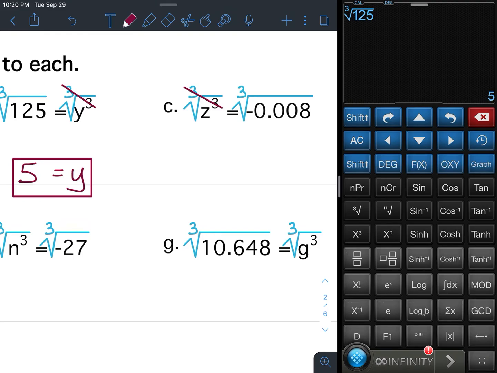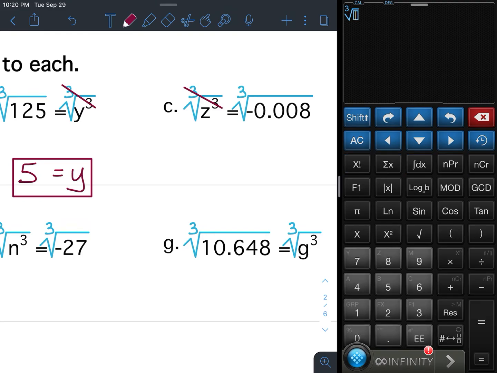I'm going to take the cube root of negative 0.008. Always double check to make sure what you entered in the calculator is the same thing as what's typed on your paper. I took the cube root of negative 0.008 and I get negative 0.2. So z equals negative 0.2.